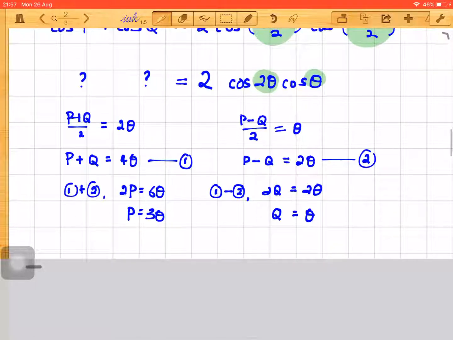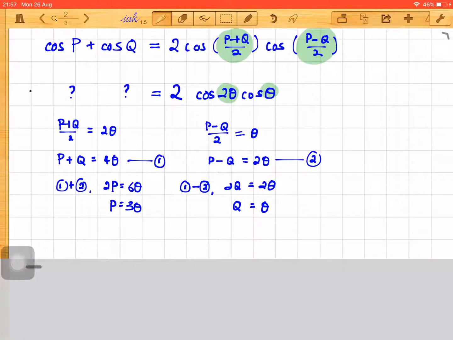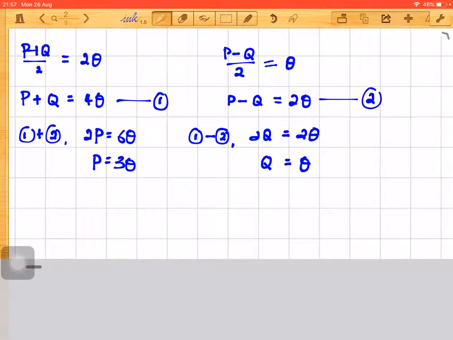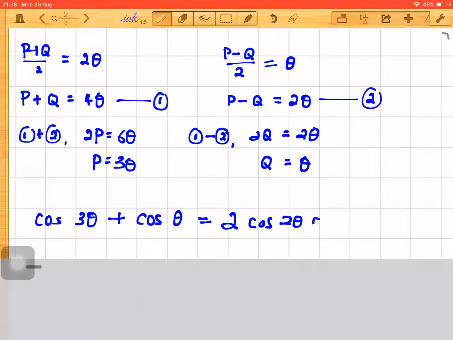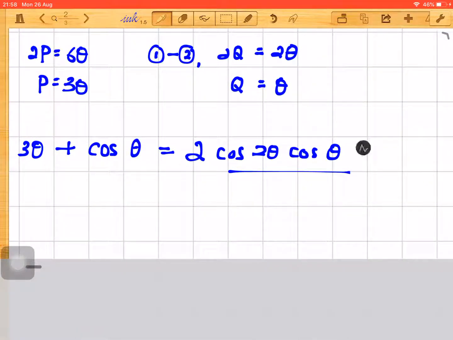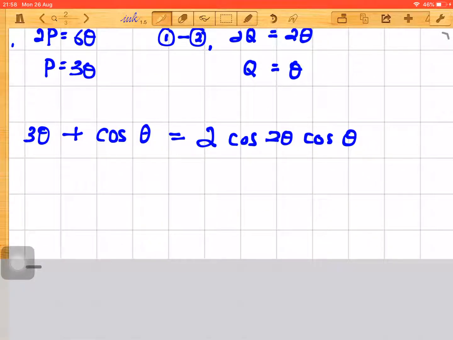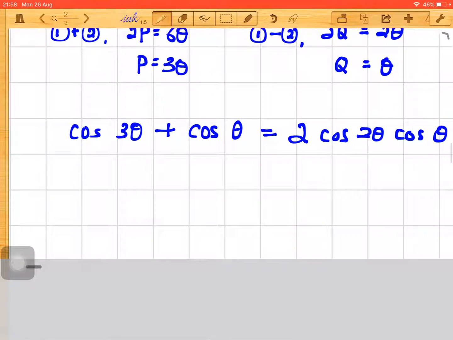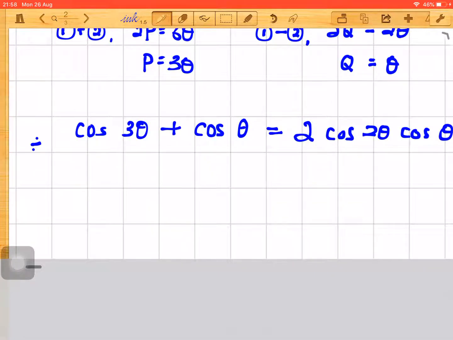So put it back into the formula. This one, you will get cos P plus cos Q equals 2 cos 2 theta cos theta. But what you want is just this one. So you divide by 2 here and divide by 2 here.